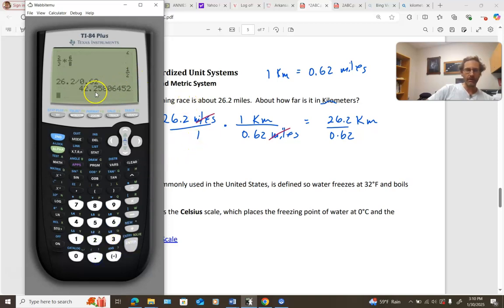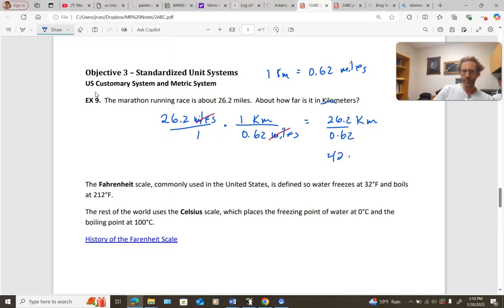And, okay, so we end up getting, I'm going to round to 1 decimal place, so I'm going to call this maybe 42.3. 42.3 kilometers. Okay, kilometers are smaller than miles, guys, so when you're converting the number of miles to kilometers, you should get more kilometers.